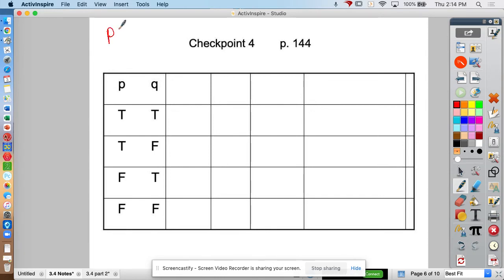Okay, so it says: P or Q, if and only if not P, then not Q.